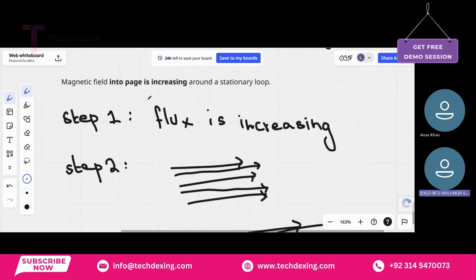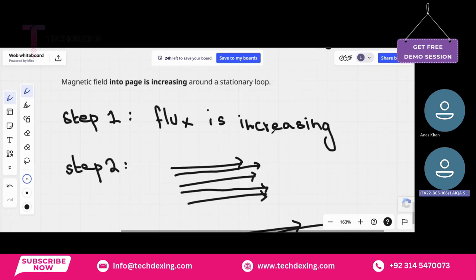Right now it is into the page. That's why the induced magnetic field would be out of the page. If the original magnetic field was out of the page, the induced magnetic field would be into the page.